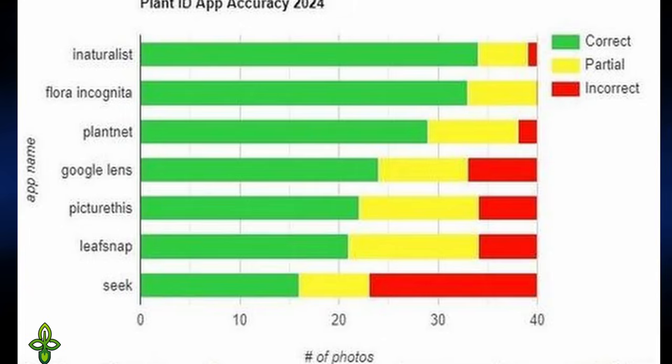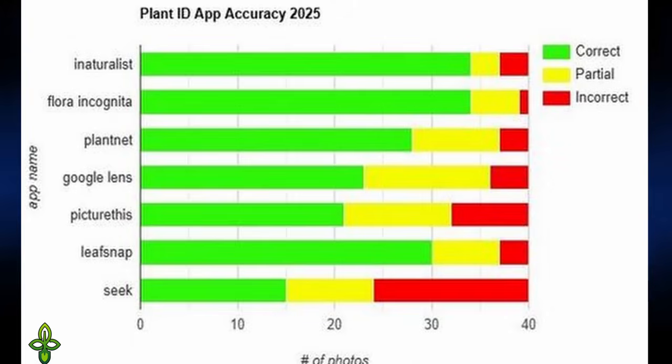In every case, only a genus is offered, so if the first species suggested was correct, it was considered to be a correct ID. The native pictures used for this testing were mostly California native plants. Here are the results for 2025. iNaturalist and Flora Incognita had the most number of correct answers.